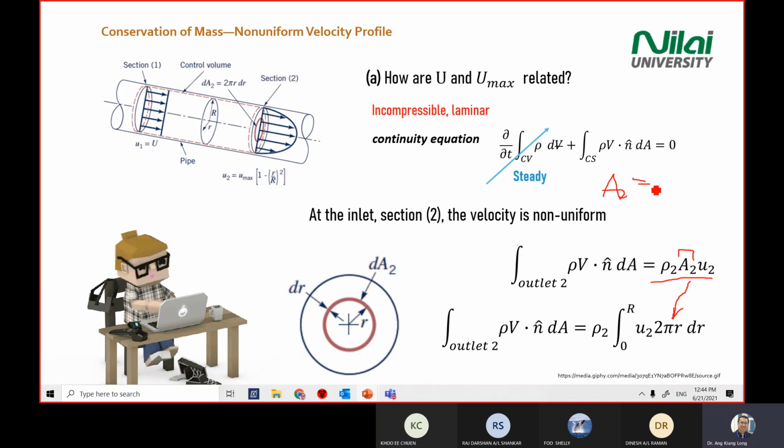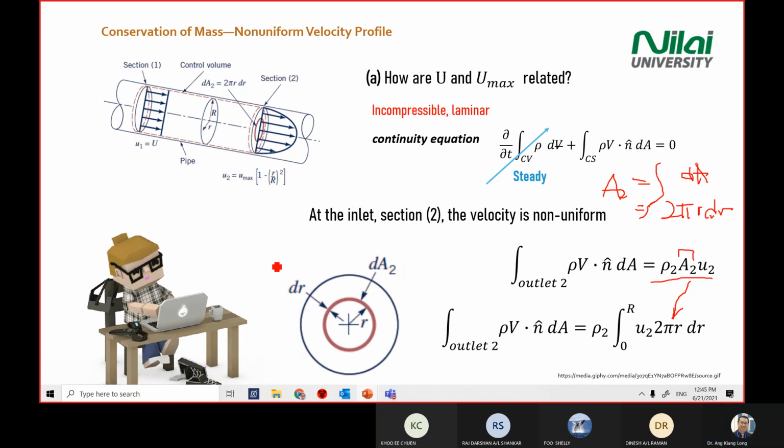Area 2 equals the integration of dA that you see on the screen here. Also meaning it's an integration of 2 pi r dr is your A. 2 pi r is your circumference, times the dr. You get the area of this circle.